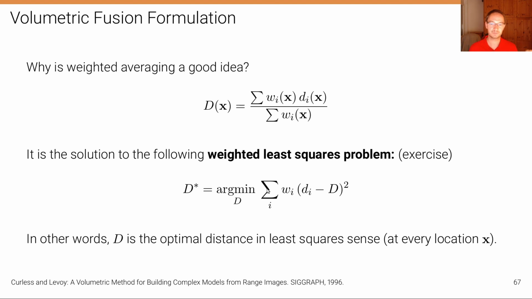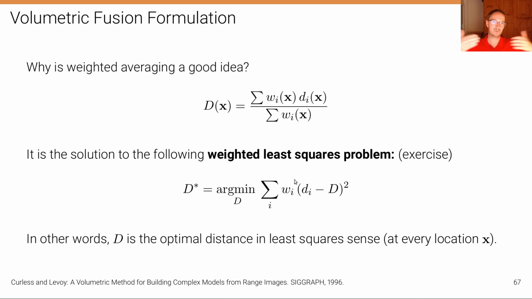If we have multiple measurements of depth or distance along the ray, di, weighted by wi, we want to find the capital D that's closest to these di's on average, weighted by this wi.